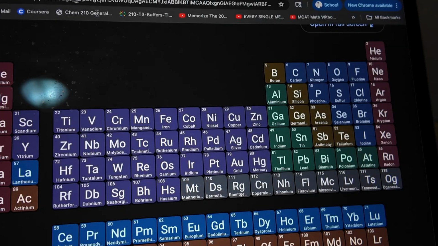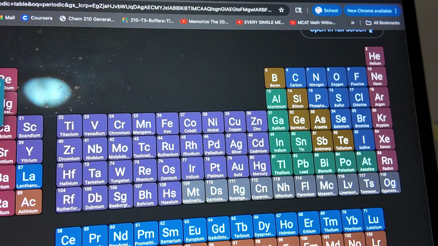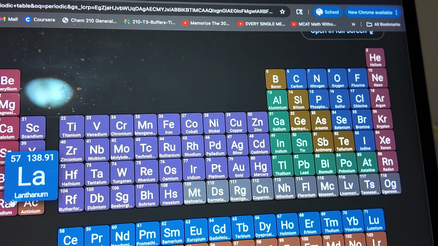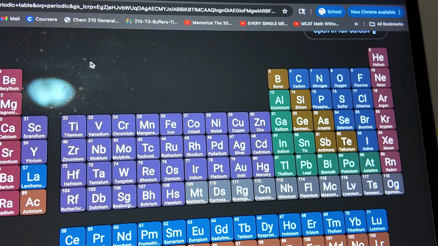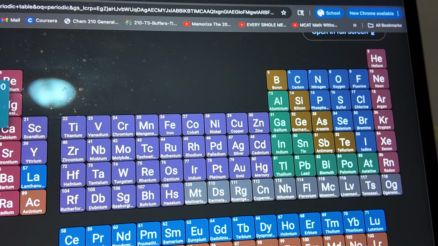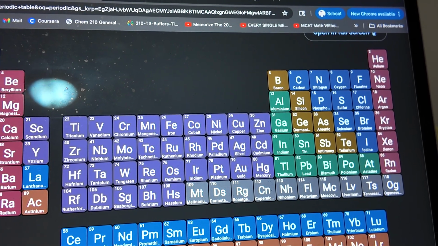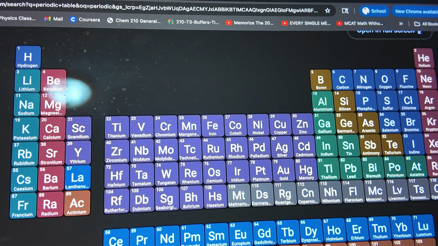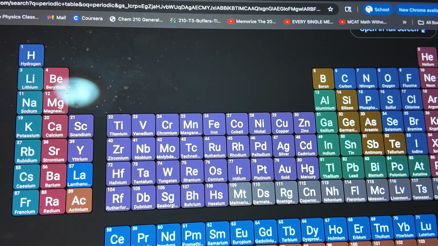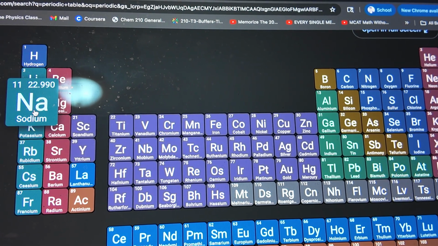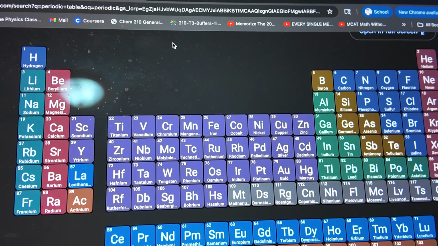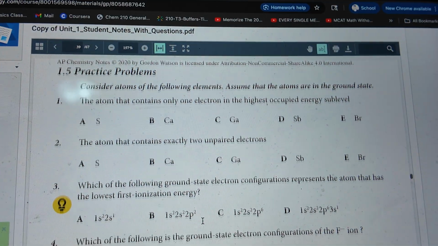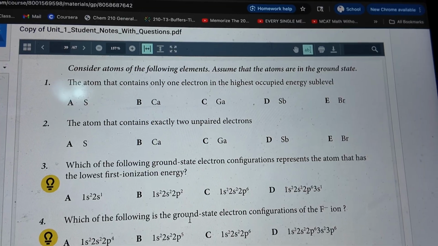We would look down here, and it would be sodium, because of all of them, this one has the least. Oh, sorry. Here's sodium. So, moving on.